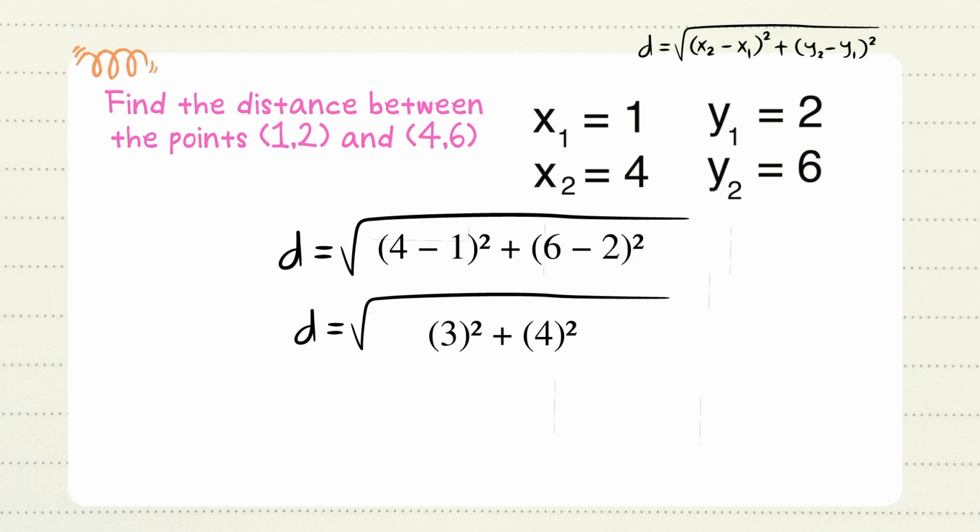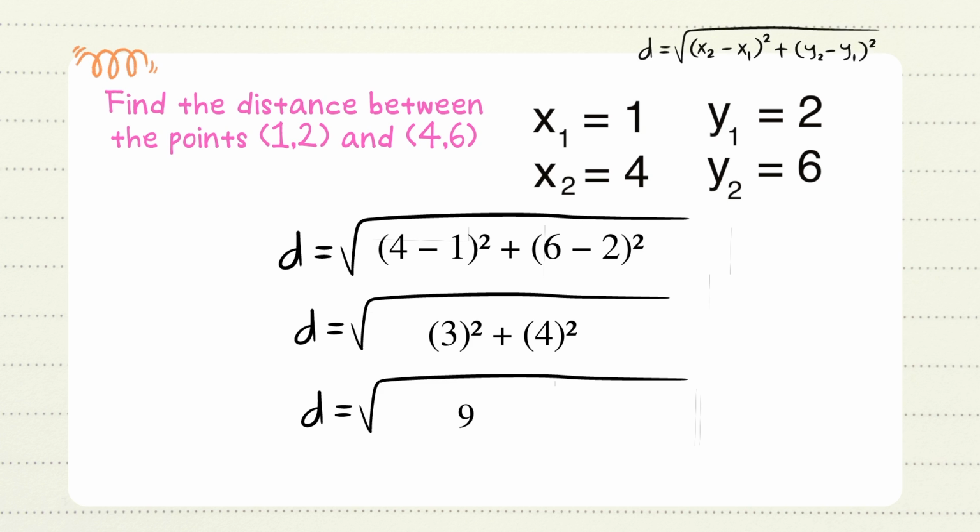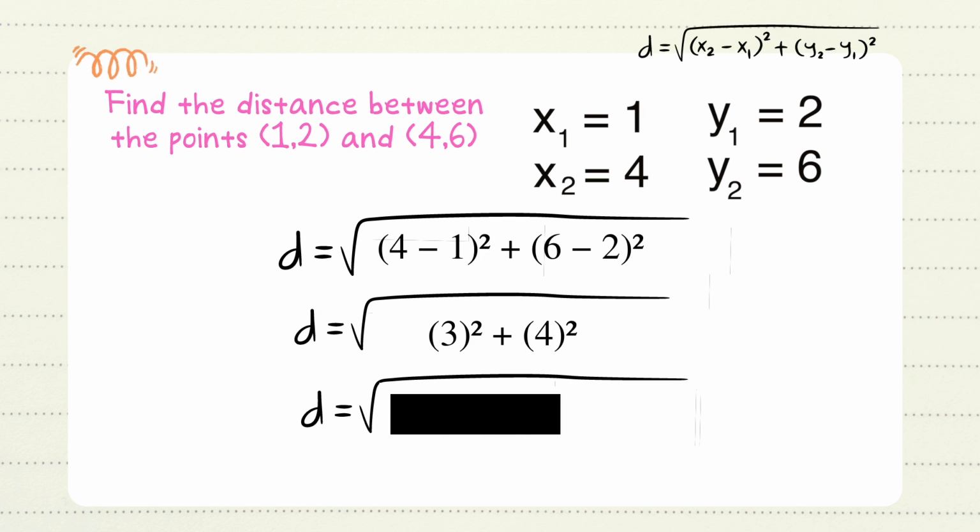Let's keep simplifying. 3 squared is just 3 times 3, or 9. And 4 squared is just 4 times 4, or 16. We now have d equals the square root of 9 plus 16. 9 plus 16 is equal to 25.